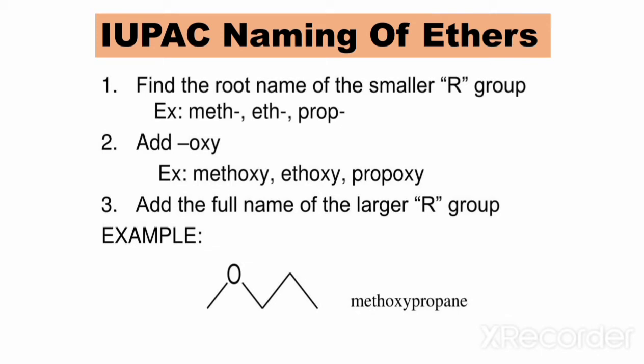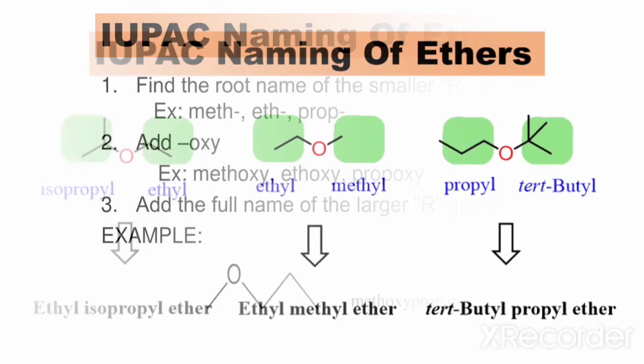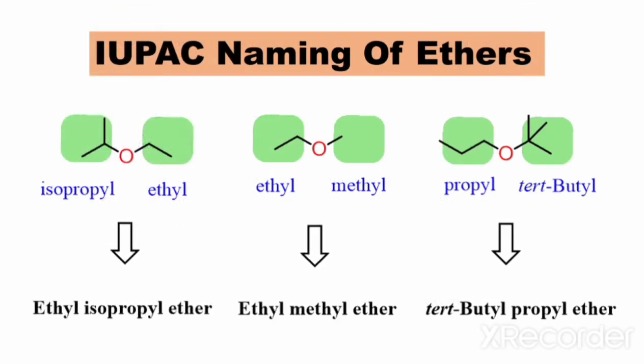So these were the basic rules for the IUPAC naming of the ethers. We have some more examples. In the first example, there are two different alkyl groups attached with the oxygen atom, and we have to name it according to the IUPAC rules.